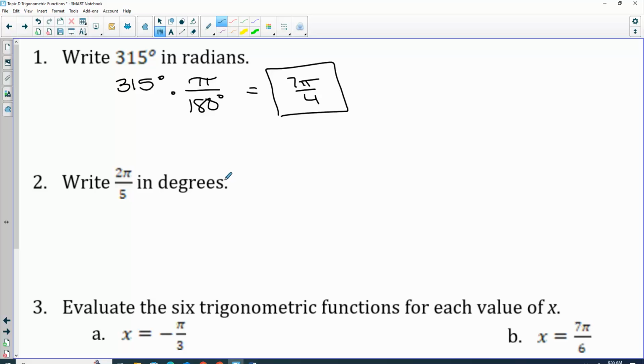If I want to change 2 pi over 5 to degrees, what do we do?